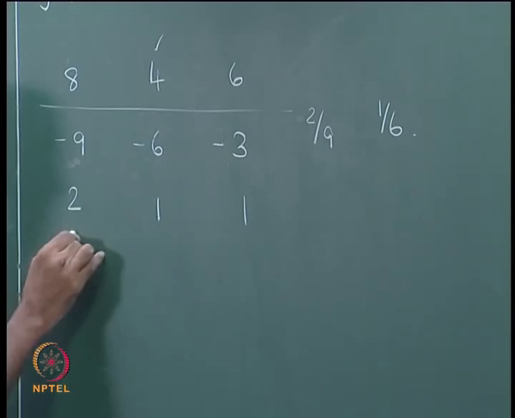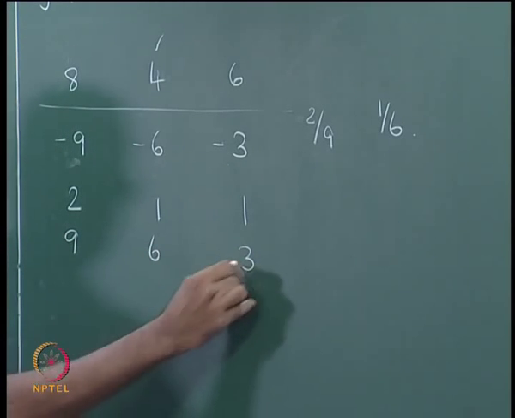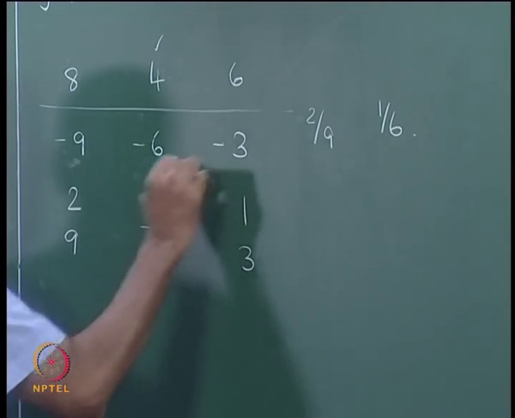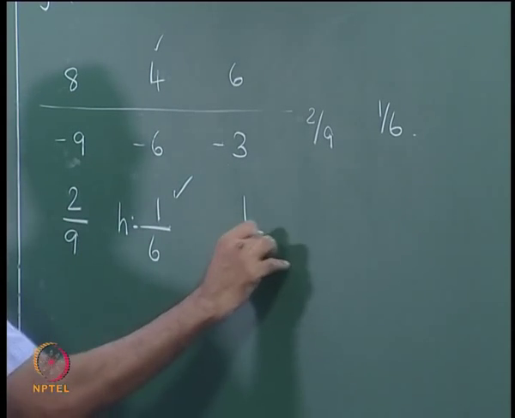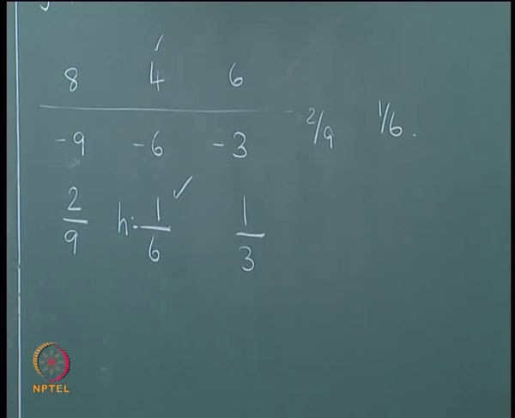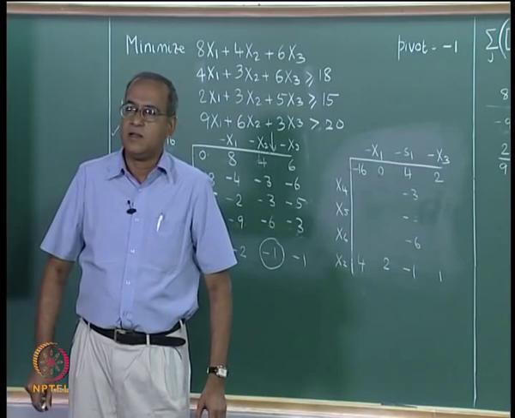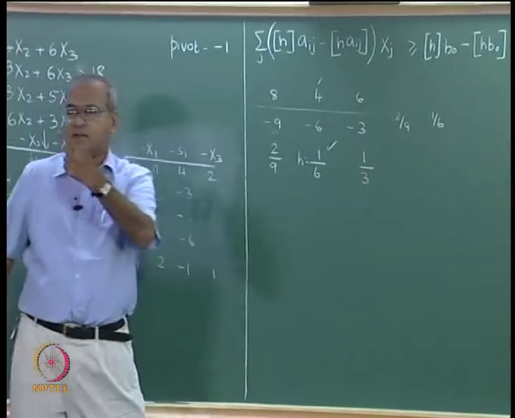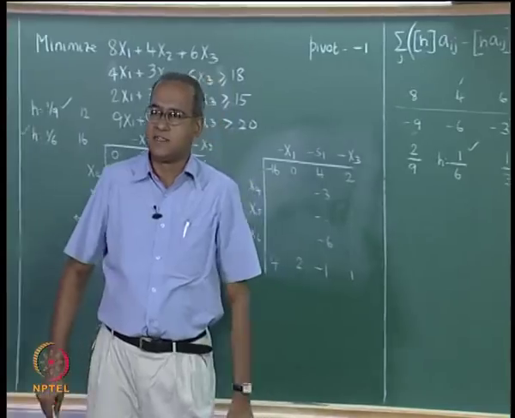And then you have this 9, 6 and 3, and then take the smallest of the 3 numbers. So, 1 by 6, 1 by 3, 2 by 9, we take the smallest of these and say that h is equal to 1 by 6 as the value that we will use to generate the cut, because any value greater than that will give us dual infeasibility in the next iteration.